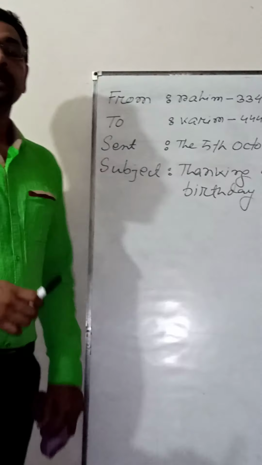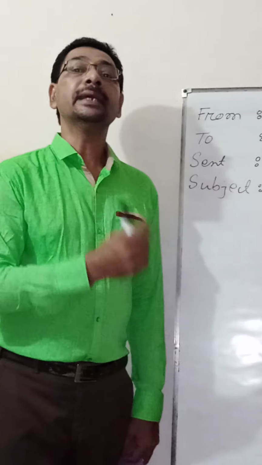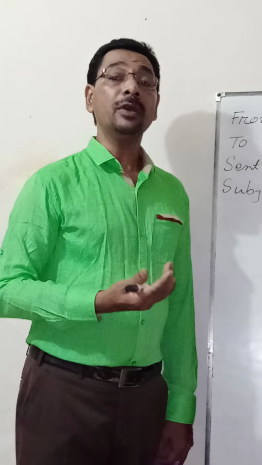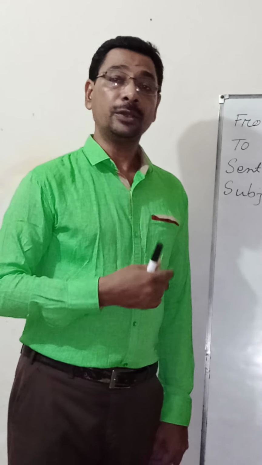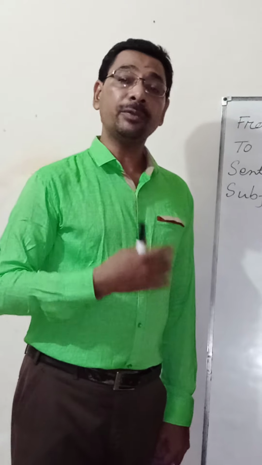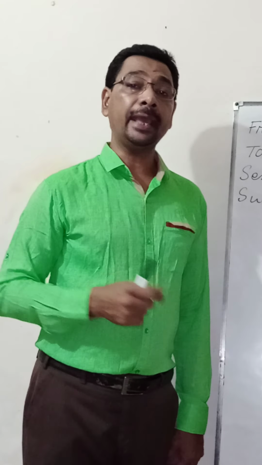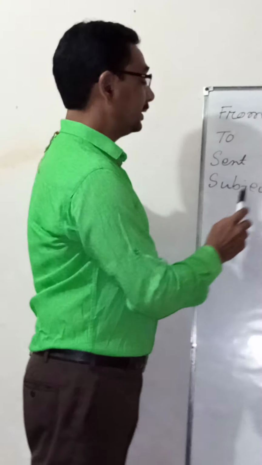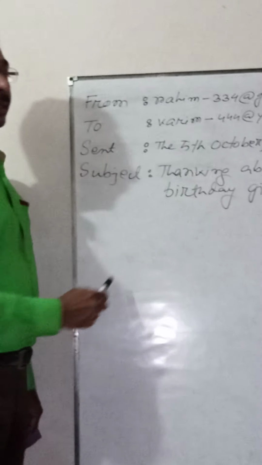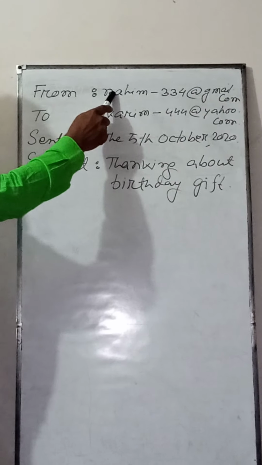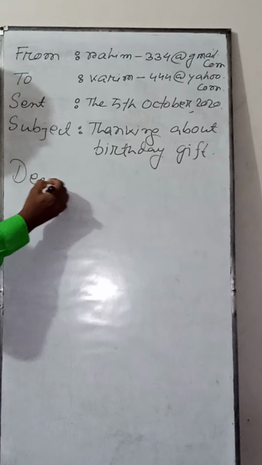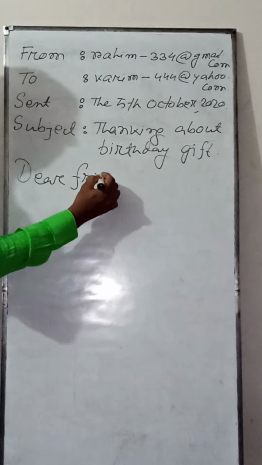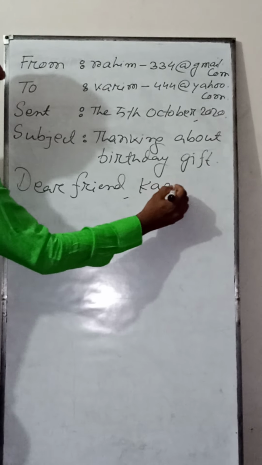Now if you write to your friend, you have to write Dear friend. If you write to your senior, or parents, you can write Dear, no problem. You can use the word Dear everywhere. Suppose the subject is thanking about birthday gift, and you are Rohim and your friend is Karim. So here you have to write Dear friend, Dear Karim.